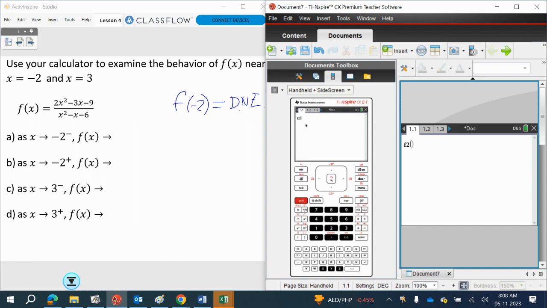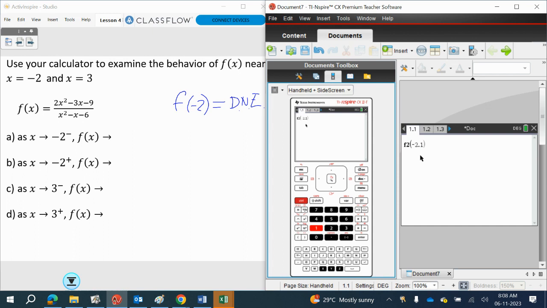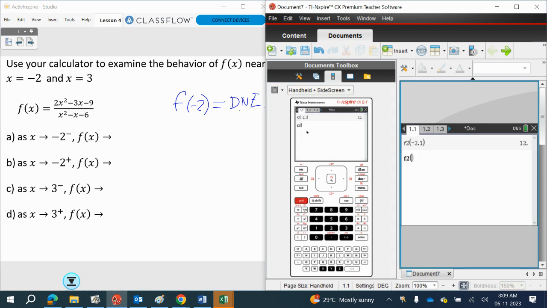So I can start at -2.1, which is some value on the left-hand side of where -2 occurs on the graph. And I can find the value here. Here it's 12.